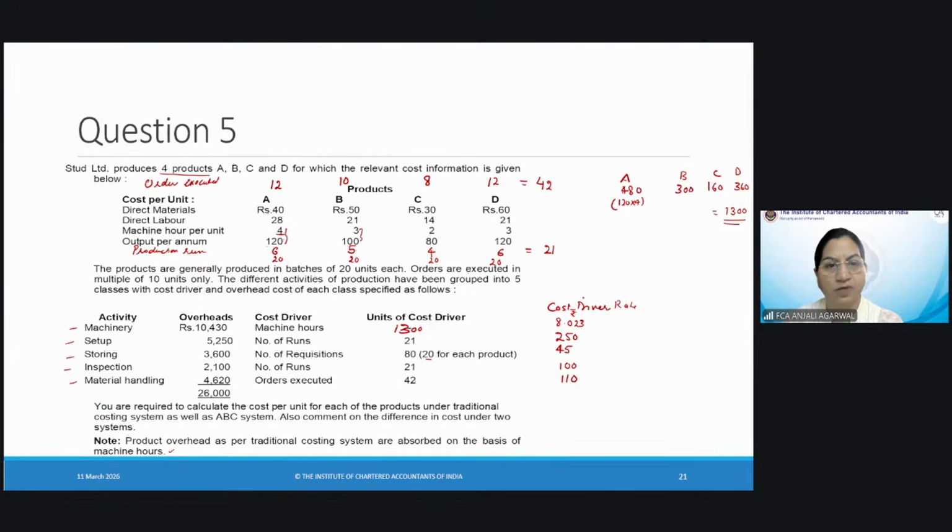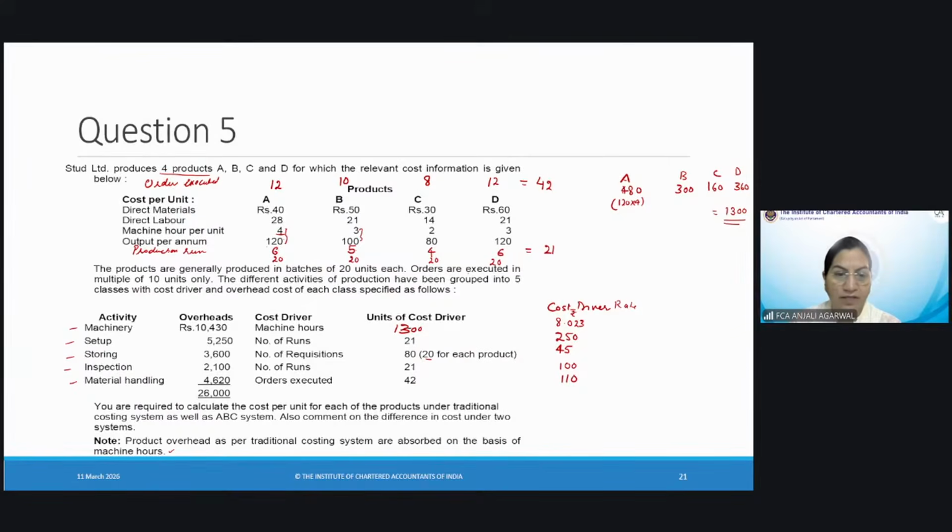Let me check the calculation. 120 into 4 is 480 plus 300 plus 80 into 2 is 160 plus 120 into 3 is 360. 1300 and 10,430 divided by 1300 is 8.023. So we'll keep it roughly 8.